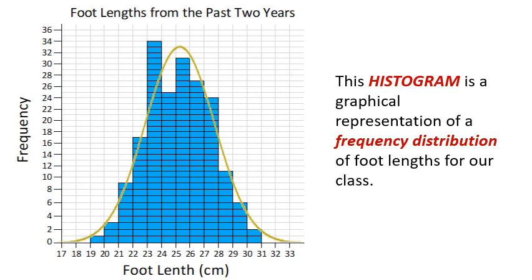All right, and so the histogram is a graphical representation of the distribution of foot lengths for my AP statistics students. We will often refer to this as a frequency distribution. It just will be more convenient to think of it as a continuous curve sometimes. It makes calculations easier.